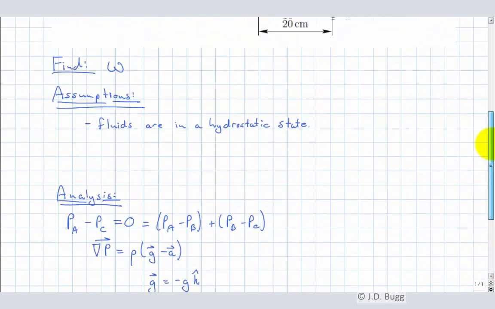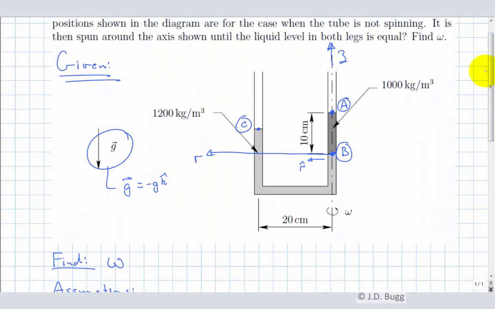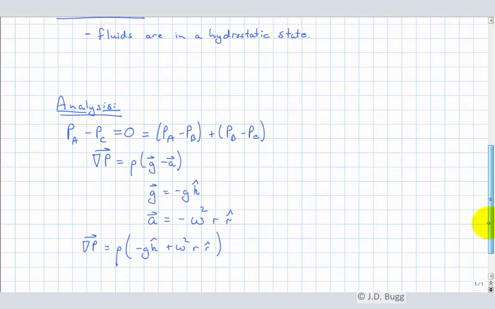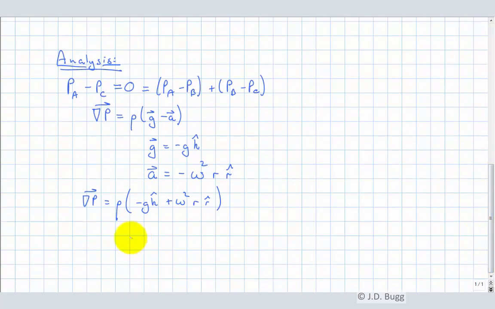Now, the dr that we want to talk about here, notice that the plane that we're looking in here is an RZ plane. So as we move in this plane, we're always going to be moving in the R or Z direction. So we define our position vector dr just as being equal to dr in the R direction plus dz in the K direction.